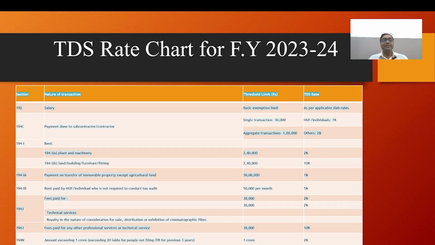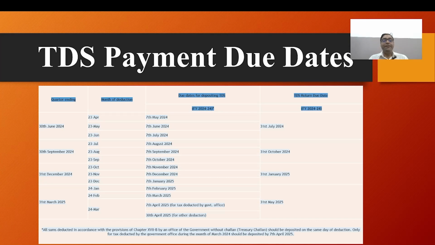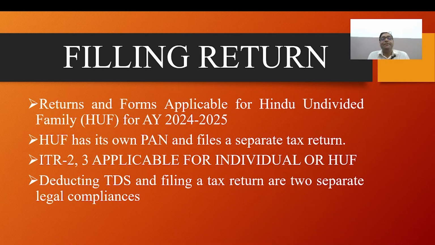TDS on salary and house rent allowance follow the same process, and the TDS last date is the same as the schedule I have already discussed. This is the filing of returns applicable to a Hindu undivided family. A Hindu undivided family has a separate PAN card for tax returns.